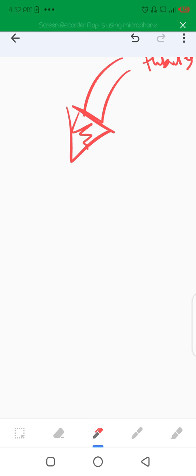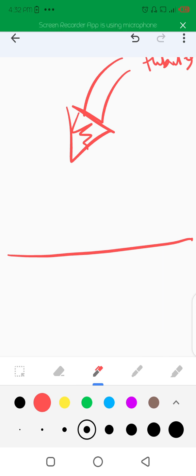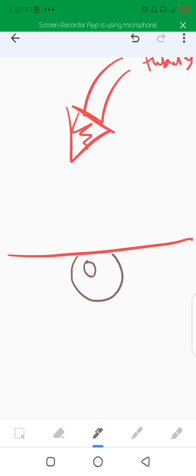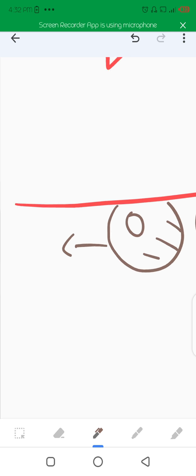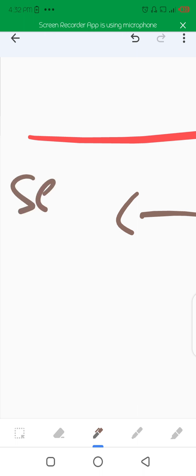So what happens is that there are two kinds of cells in here. The ones that I'm drawing with the brown color are the Sertoli cells.